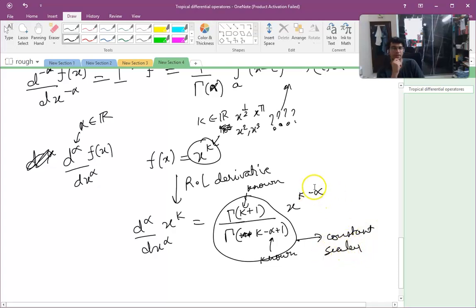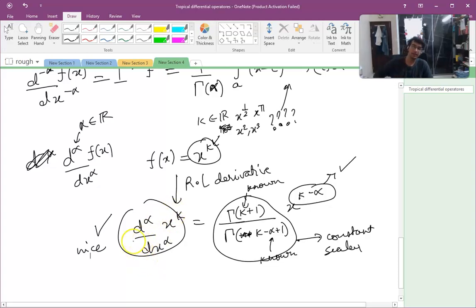And this power is also easy, so this whole derivative is pretty nice. We like this, and we would ideally like to use this as a shortcut to compute our RL derivatives.